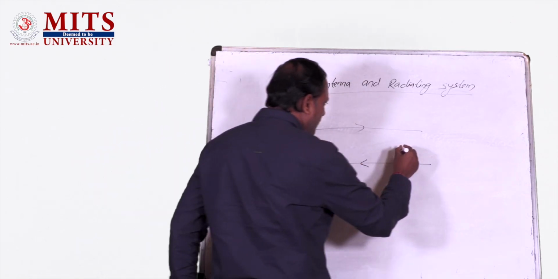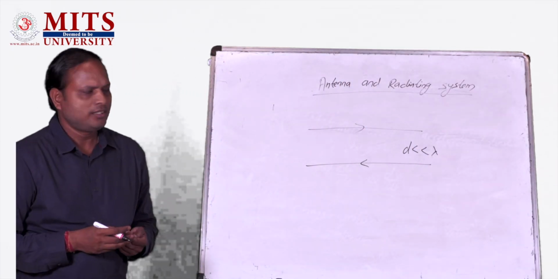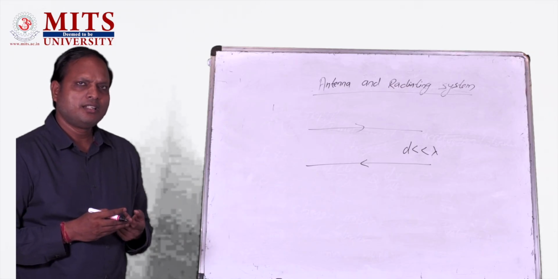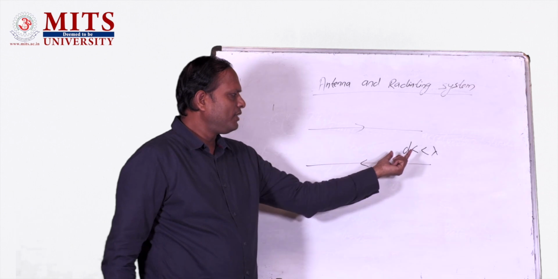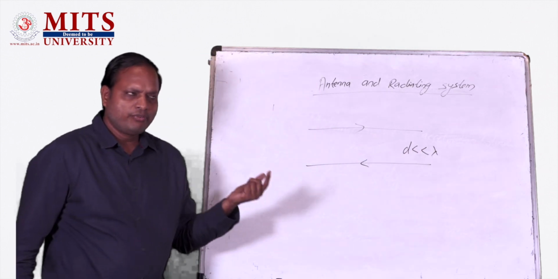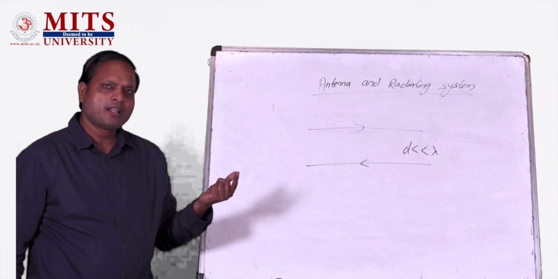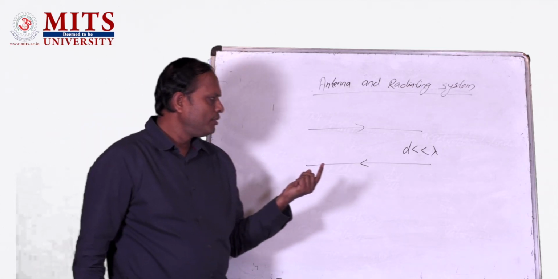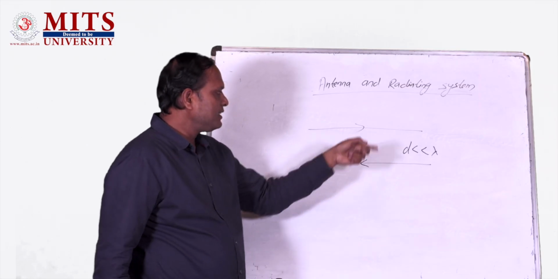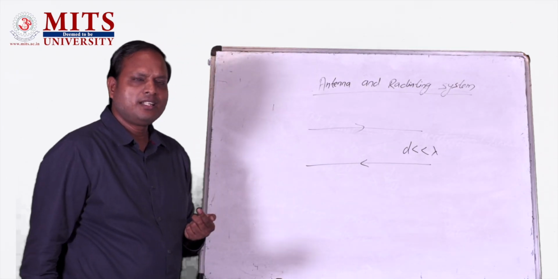So when the spacing between these two conductors is very small, it will not radiate, because whatever field is produced, which could have given you the net power flow through this structure, they cancel each other. Therefore, we will not get any radiation.